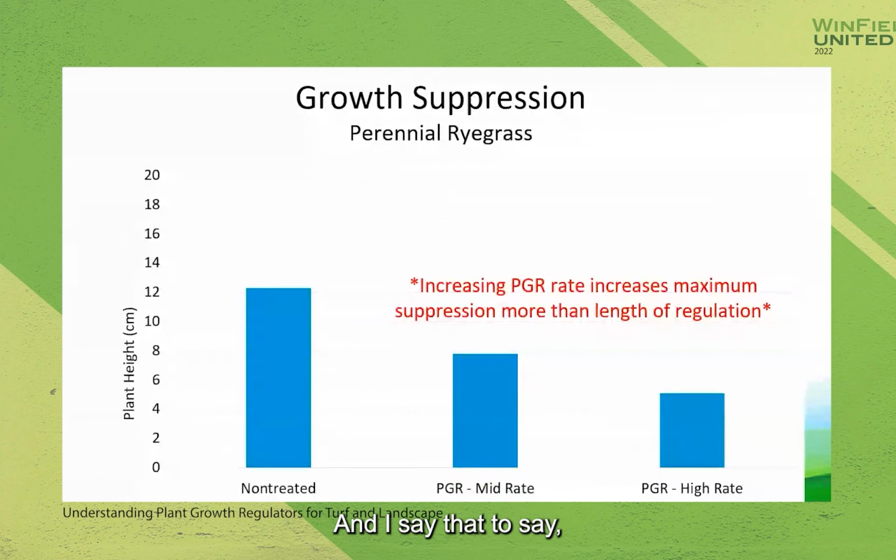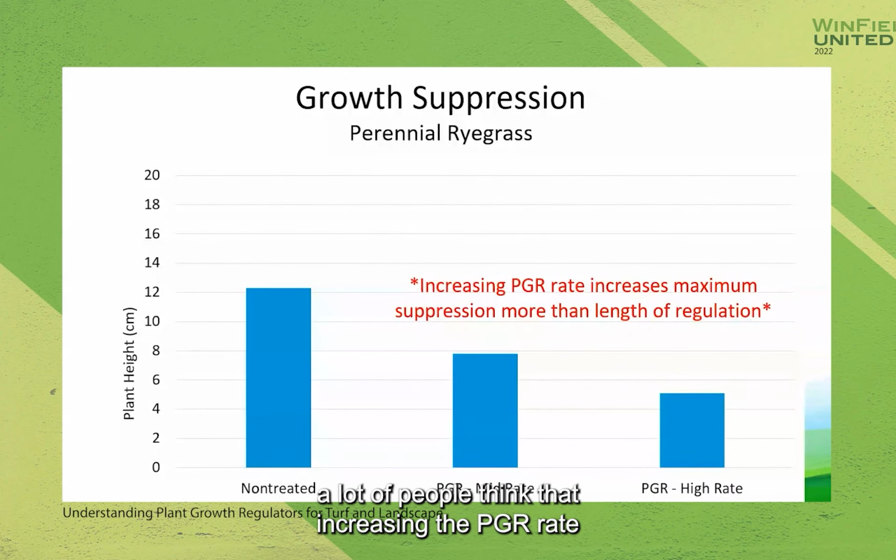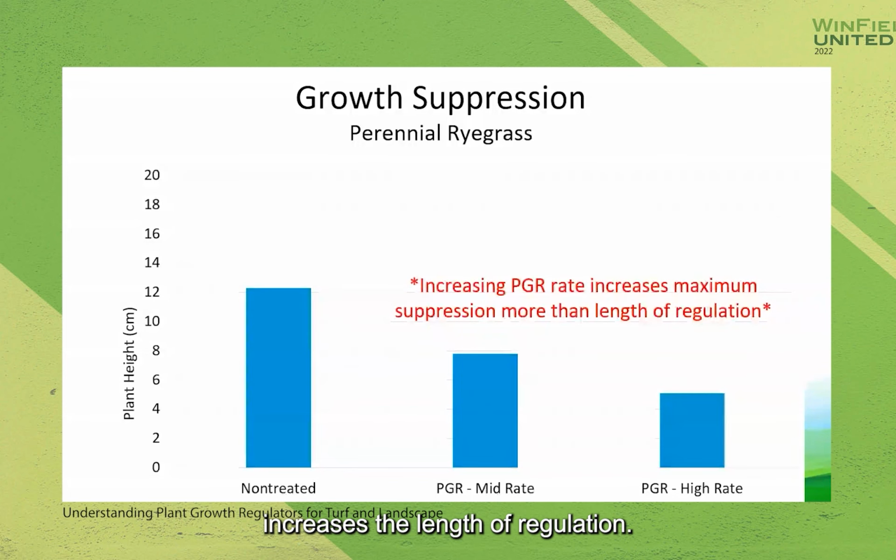And I say that to say, a lot of people think that increasing the PGR rate increases the length of regulation. So if I double my PGR rate, I'm going to double the length of regulation. It's actually not that true. It's true in a little bit of a sense, but really what increasing PGR rate does is increase maximum suppression.